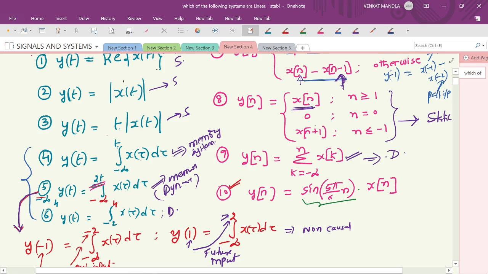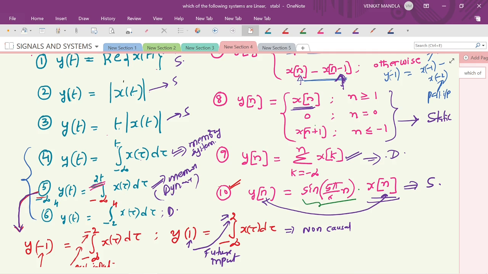Here the tenth one, y[n] equal to sine of pi by 6 n times x[n]. So here x[n] is there. There are no future inputs, only present inputs in x[n]. It is a static system. Okay, so this is how you have to check the static and dynamic systems.